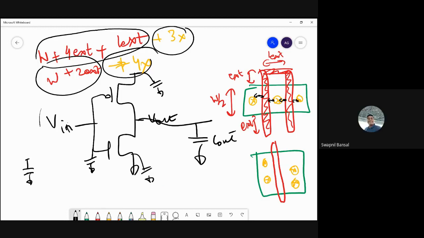That component is reducing. Poly to contact capacitance is reducing a bit. So overall input capacitance may remain similar.